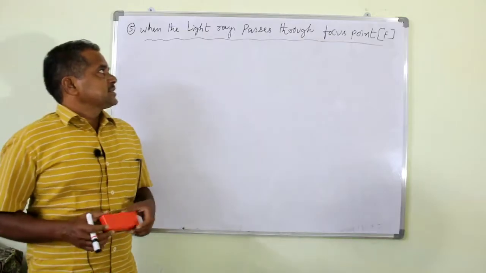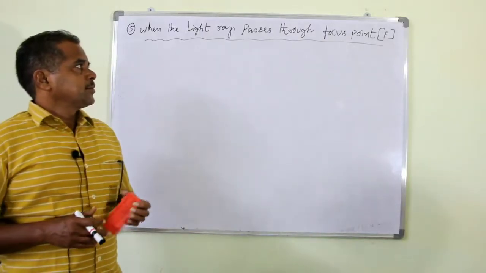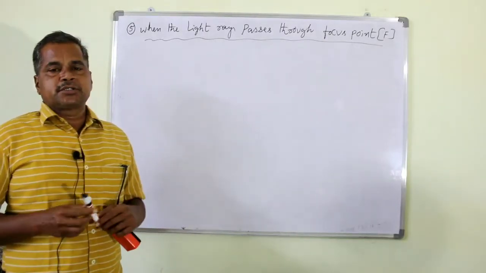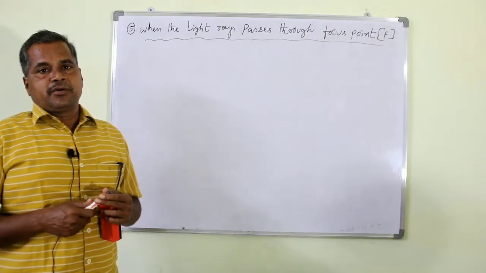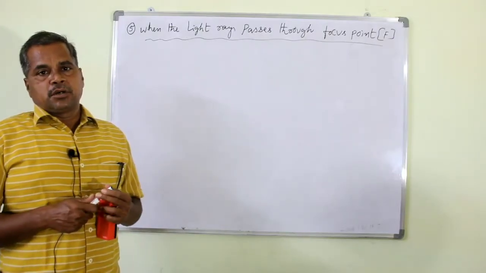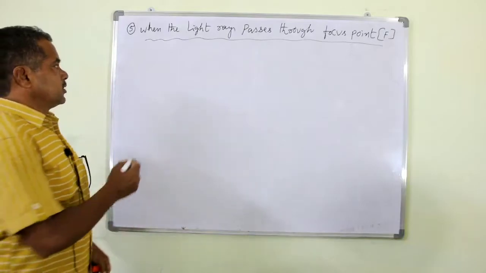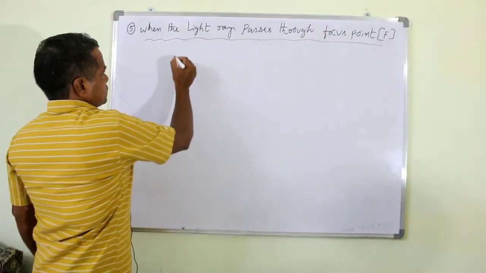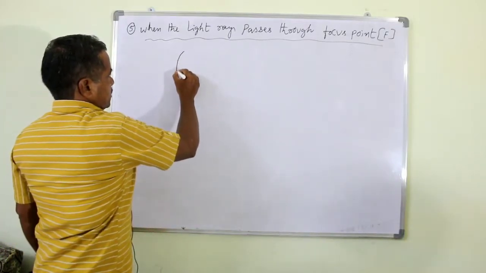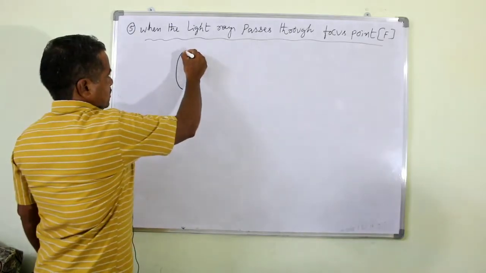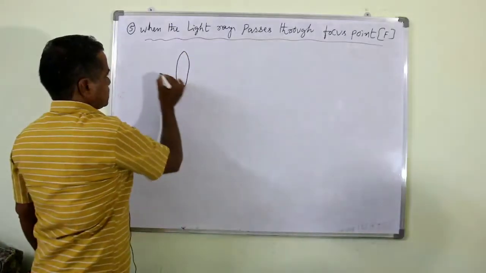So fifth case, when the light ray passes through the focus point, then what is the behavior of the refracted ray for both convex and concave lens? So take one biconvex, draw one biconvex lens.